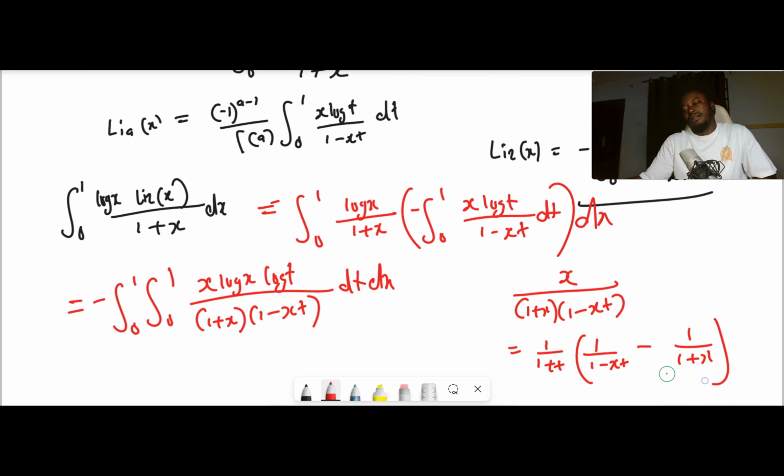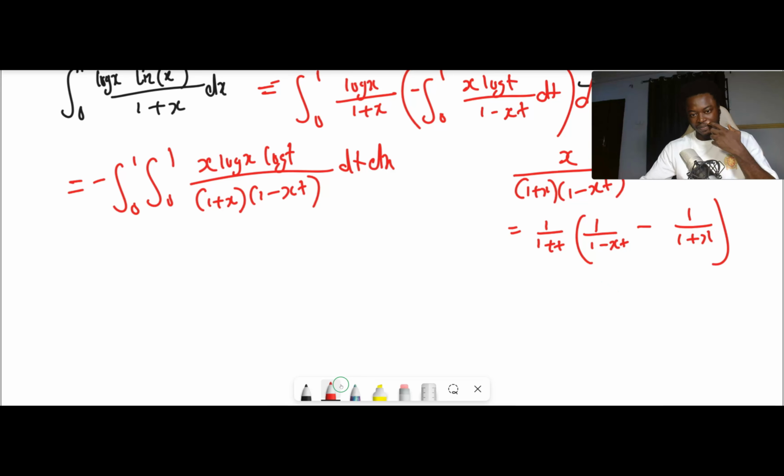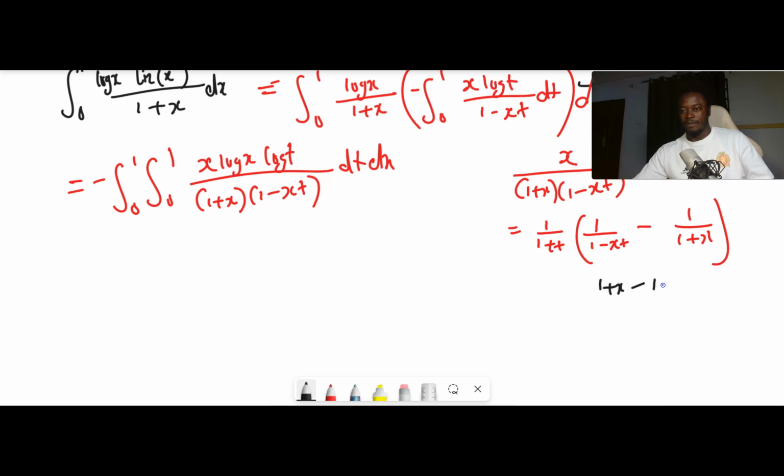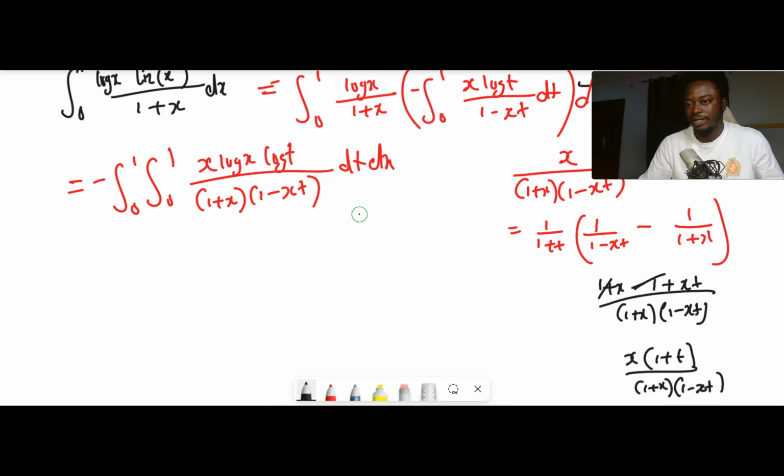And observe that if you add these terms inside the bracket together, you should get 1 plus x on one part, and you subtract 1 minus xt, and you're dividing by 1 plus x and then 1 minus xt. So here the ones cancel out, so you have x times 1 plus t all divided by 1 plus x and then 1 minus xt. So you see that all of these terms cancel out, so the partial fraction actually works.